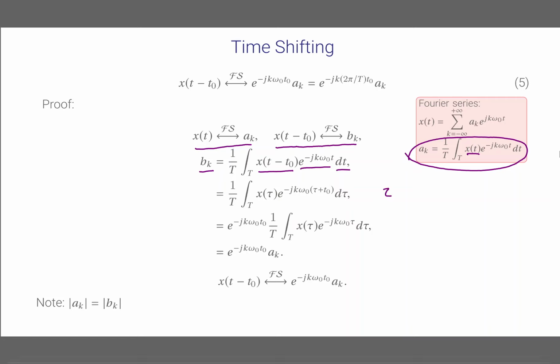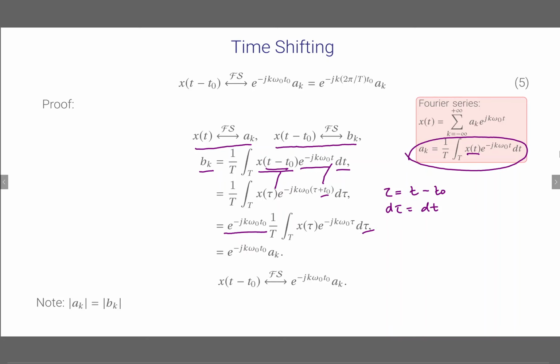Okay, and then we will do a substitution. We'll write tau equals t minus t naught. So therefore you know that d tau is equal to dt. So we replace t minus t naught with tau, and our t would become tau plus t naught. Then we realize that e to the power of minus jk omega naught t naught is independent of the integrating variable tau.